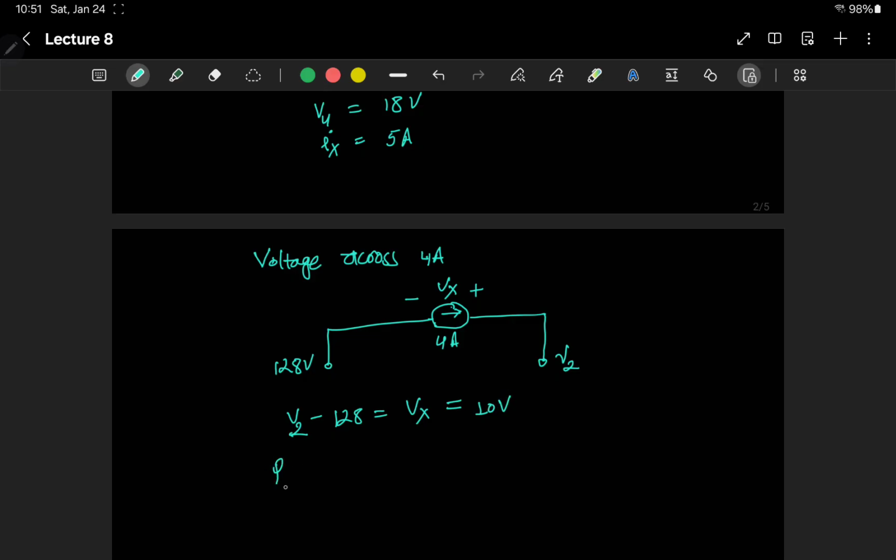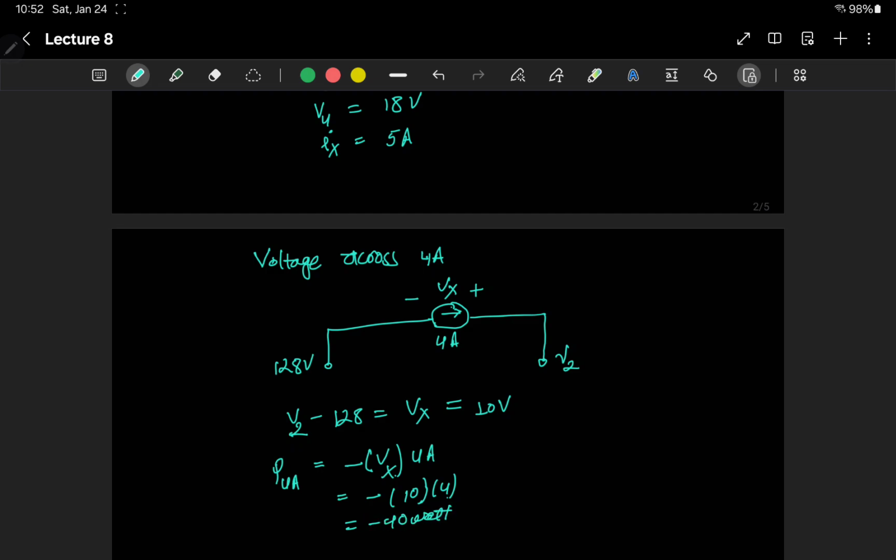So power across the 4 ampere source will be, since the current is leaving the positive terminal from the active sign convention, we know that then that will be minus v times I. So minus vx times I, which is 4 ampere. So that will be minus vx is 10 times 4 is equals to minus 40 watt.